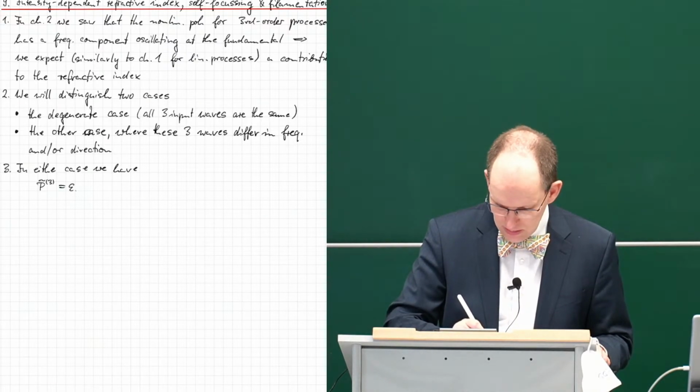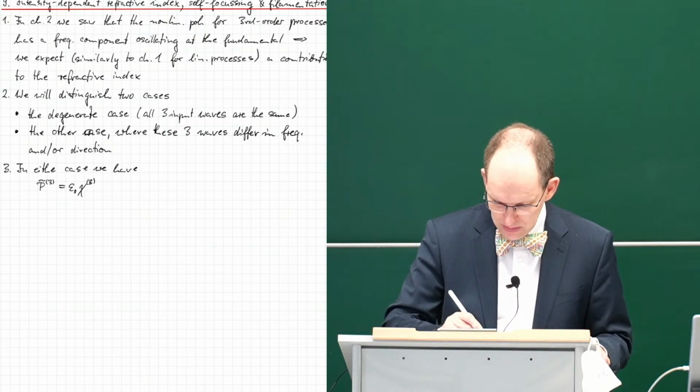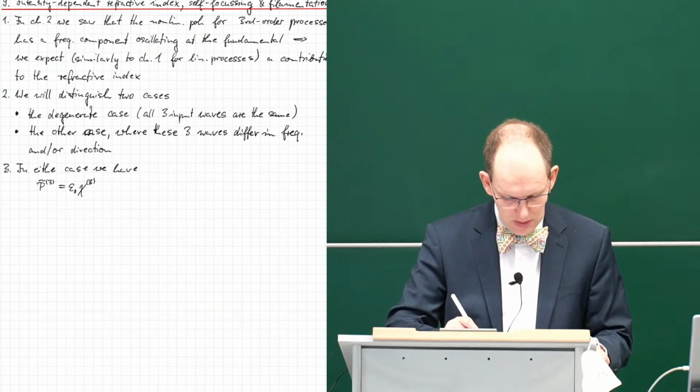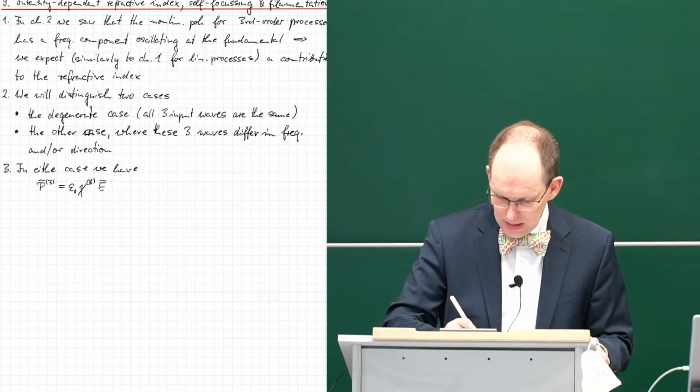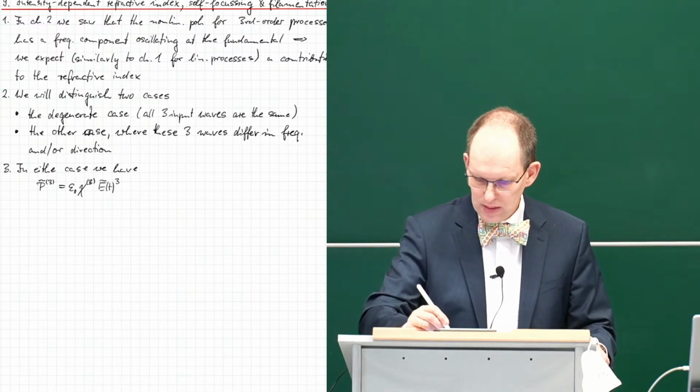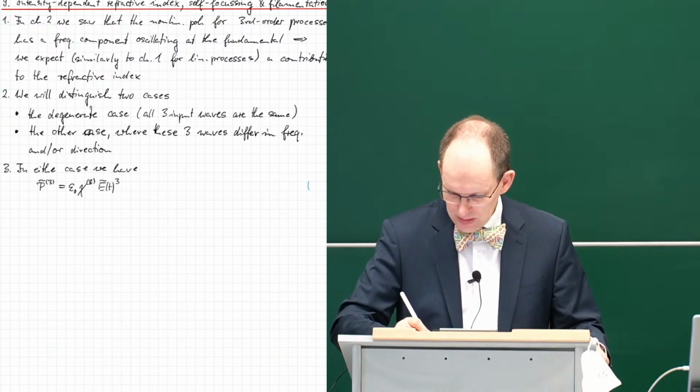But that's not so important here at this moment. So we have epsilon 0 times third order susceptibility times the electric field to the third power. So that's our equation 1.